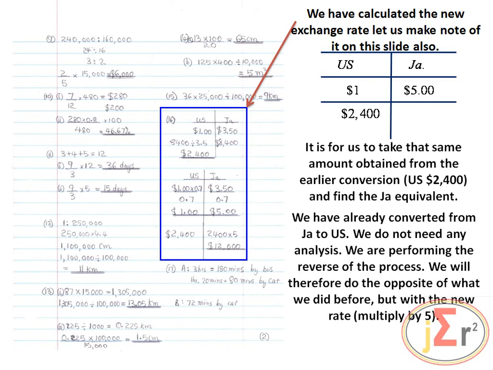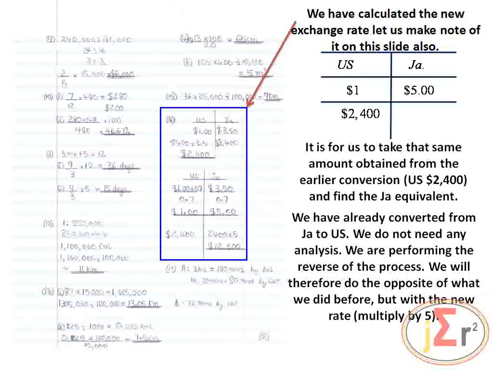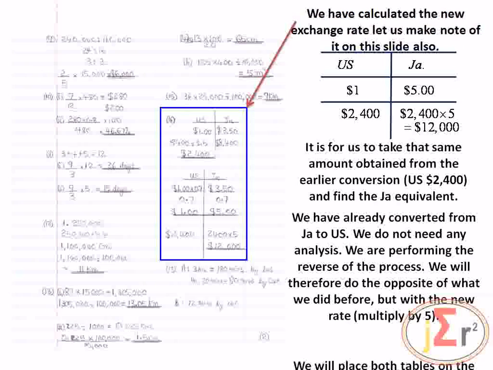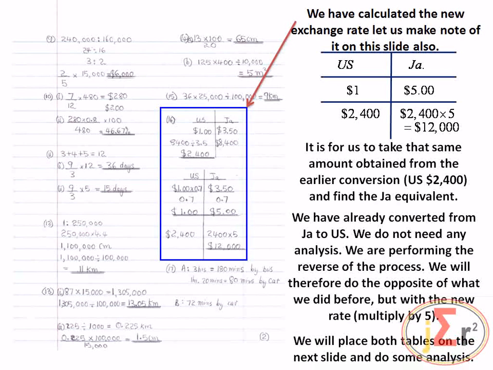But with the new rate, instead of multiplying by 3.5, we will multiply by 5. So the opposite that we did before was by dividing, and what we will do now is multiply by 5, and we arrive at $12,000.